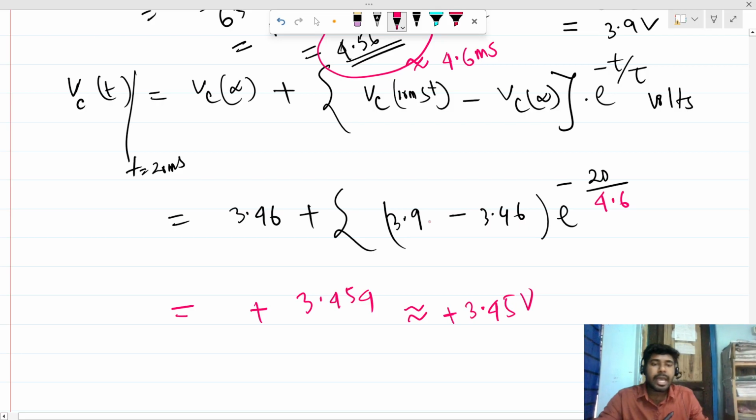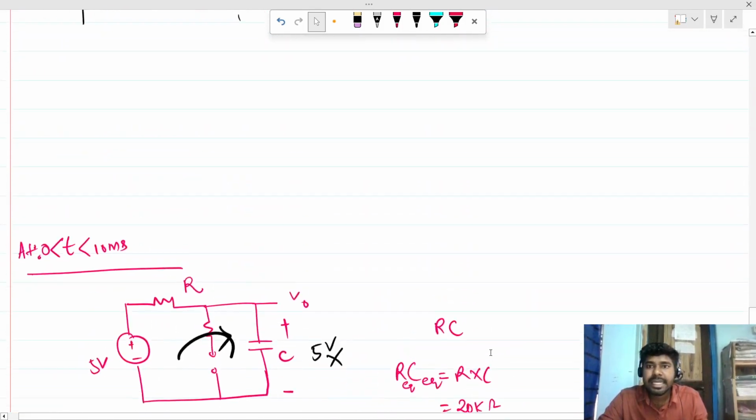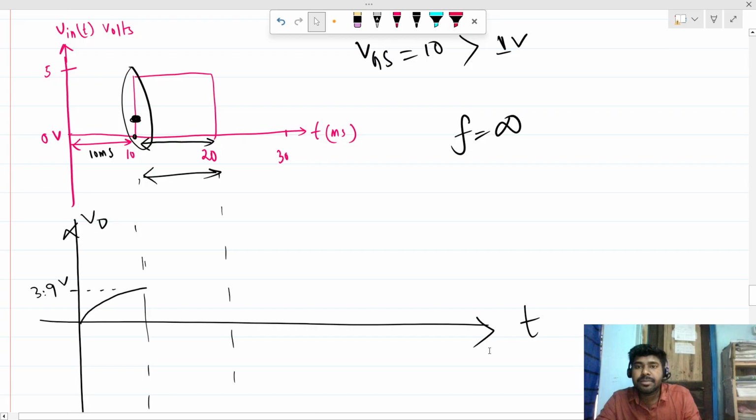So actually what is happening here is, at t equals 20 millisecond, at this instant the voltage is 3.45 volt. Previously we can see that it was charged to 3.9 volt, and it comes down to 3.45 volt.